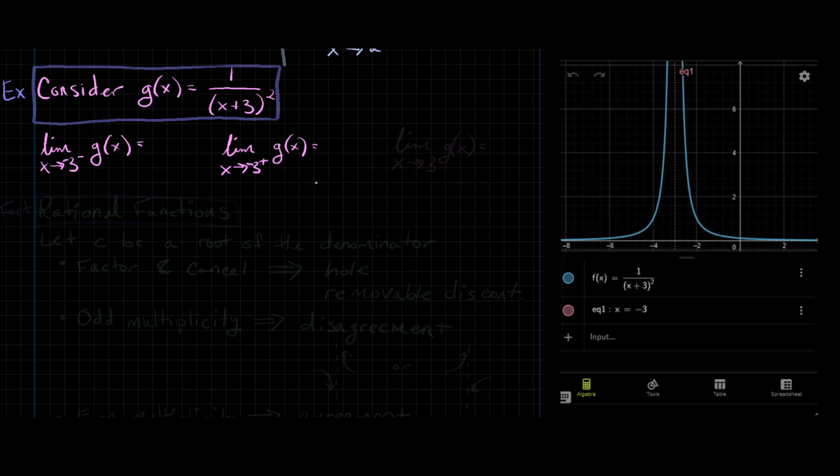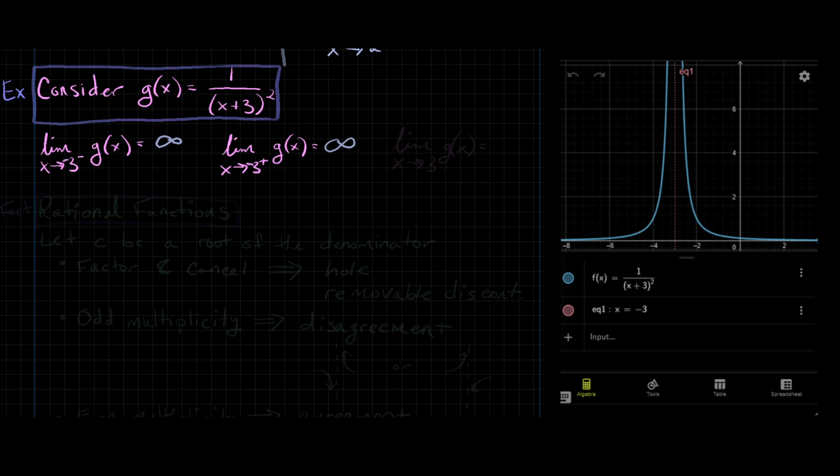Okay? Well, in either case, it's blowing up off to positive infinity, right? Whether we approach from the right or from the left, these are running off to infinity. So, positive infinity, positive infinity.